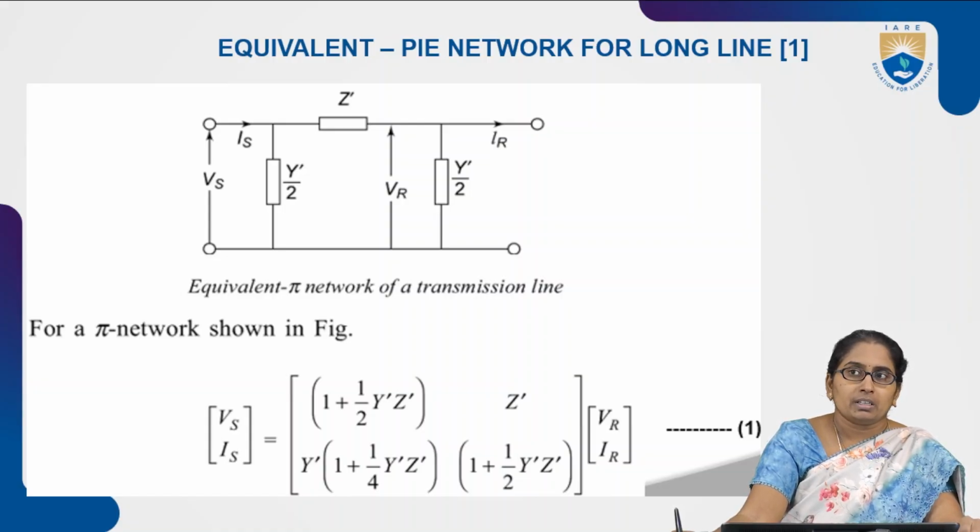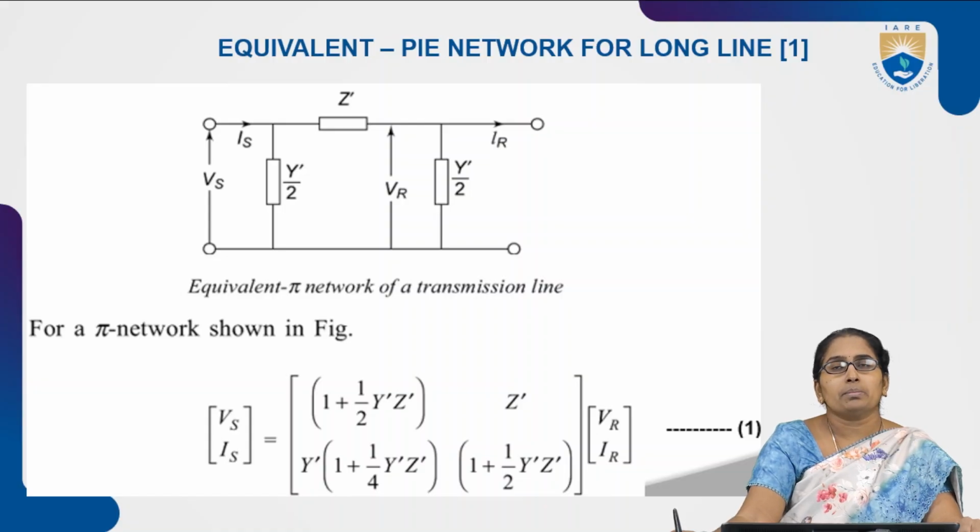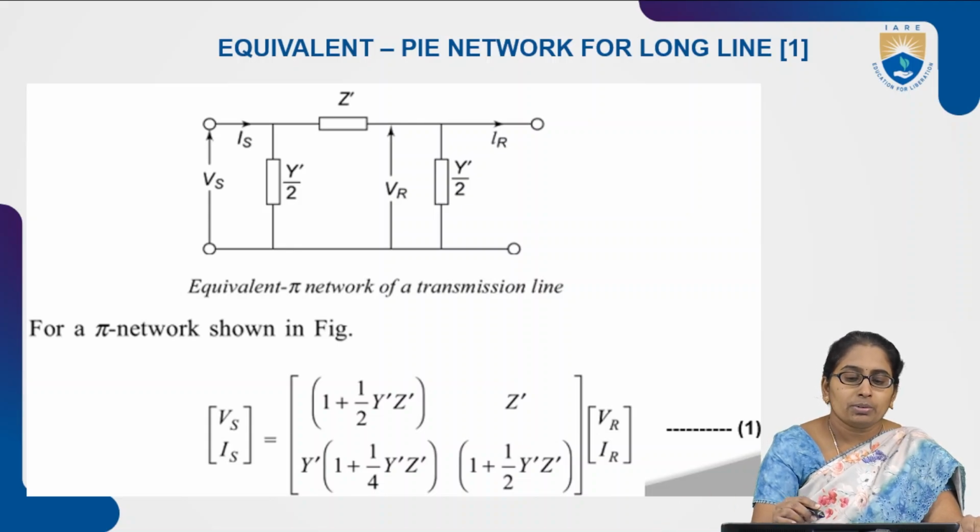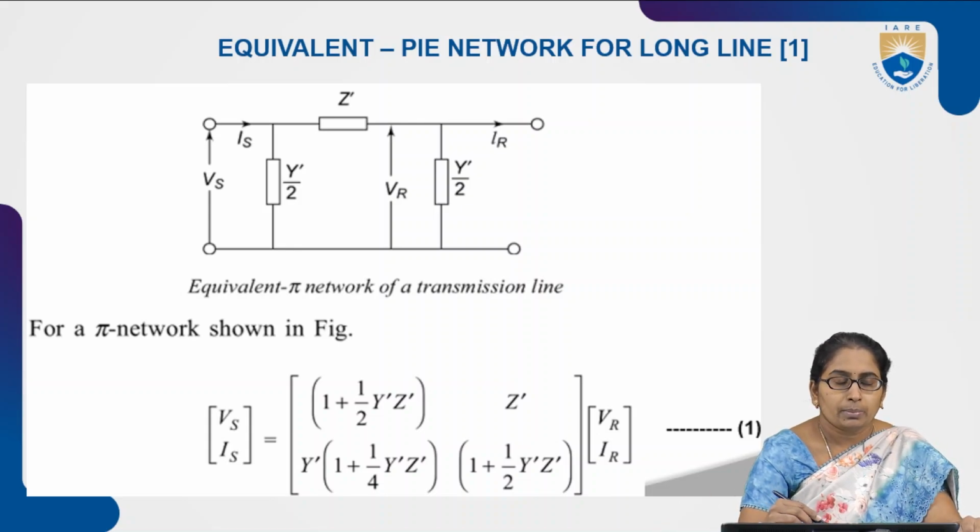In the pi network, the total impedance is Z, and the total line admittance is divided into half, and each half is assumed to be concentrated at the sending end and also the receiving end. This is the equivalent pi network.